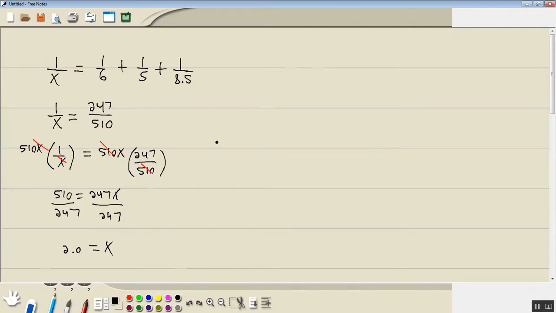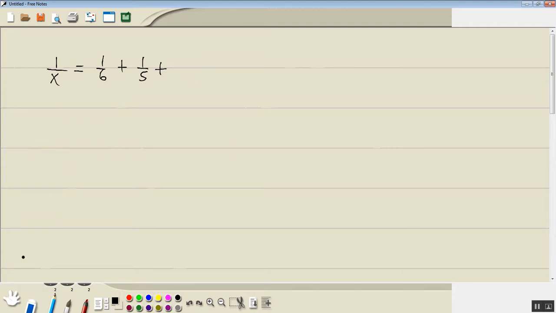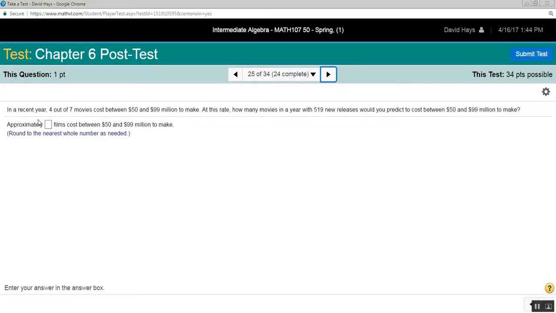Another word problem. Being punished. In a recent year, 4 out of 7 movies cost between 50 and 99 million to make. At this rate, how many movies in a year would you predict cost between that to make? 519 new releases.